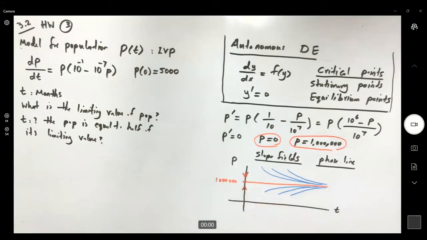What's the meaning of that? It means that if we take the limit of the population as t goes to infinity, then it converges to the line 1 million, or the value is 1 million. Let us solve this differential equation.